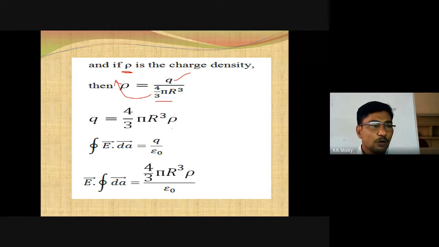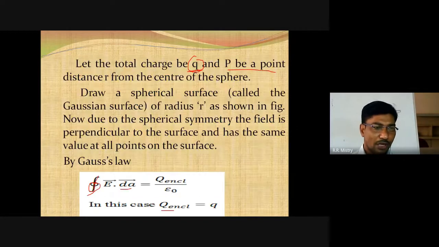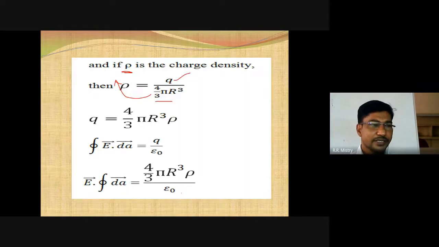Now we use the Gauss law. The closed surface integral E dot dA is equal to Q upon epsilon naught.